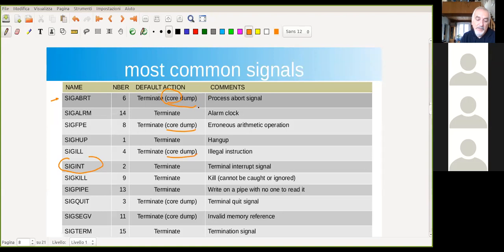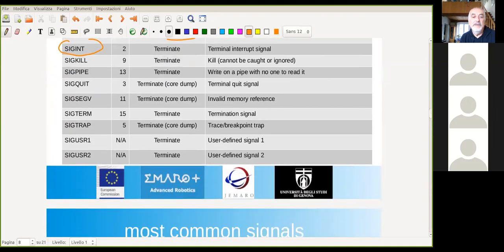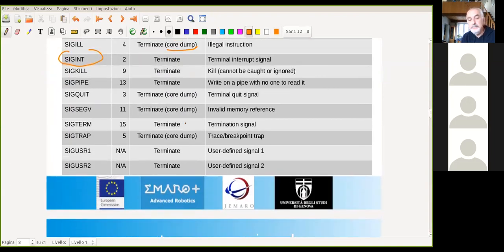So we don't spend time on that, but it's important to know that if you develop programs at this level, you have all the tools to analyze also terminated, killed, or died processes for unknown reasons. And you see that in any case, if you don't manage the signal, the process terminates.